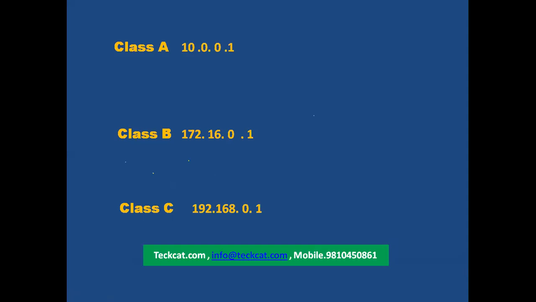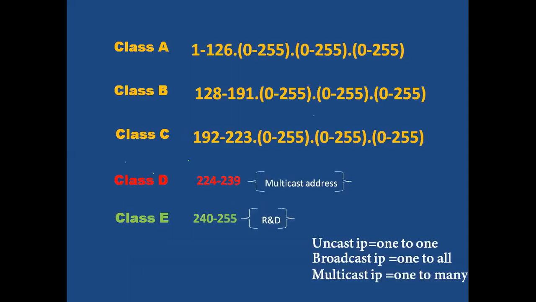And 172.16.0.1, I have written this is one question. Yeah, you can ask me. Can you go back to the previous screen? Here in the braces you have written against class A 1 to 126, and in the braces you have written 0 to 255. What is this?